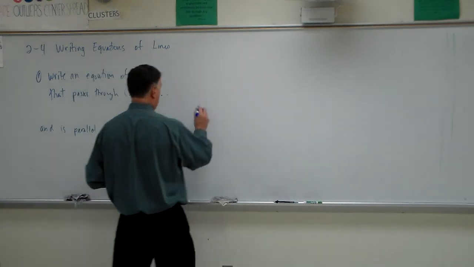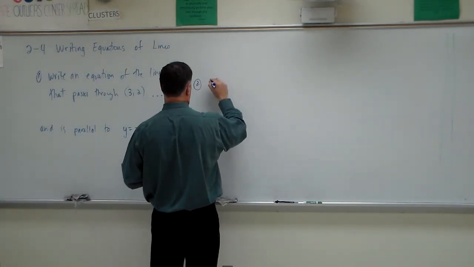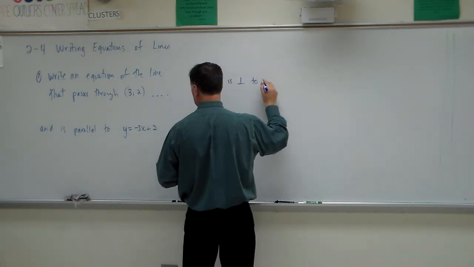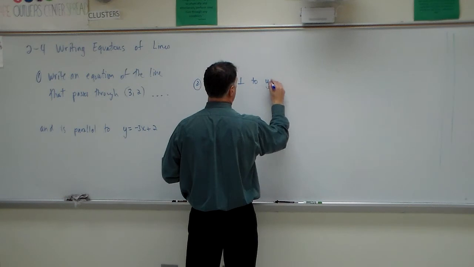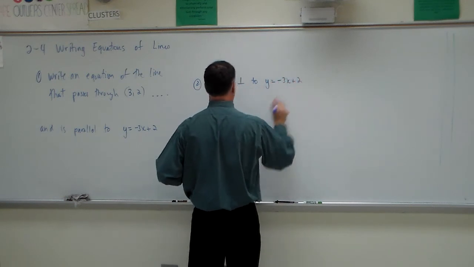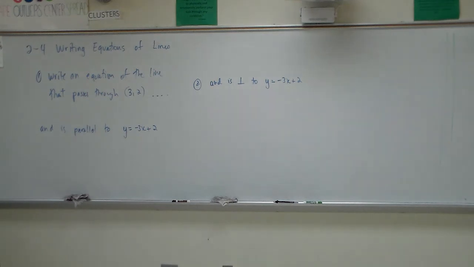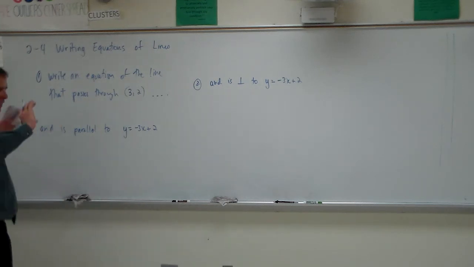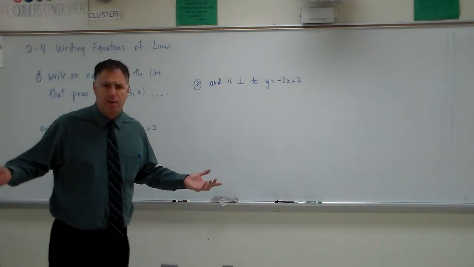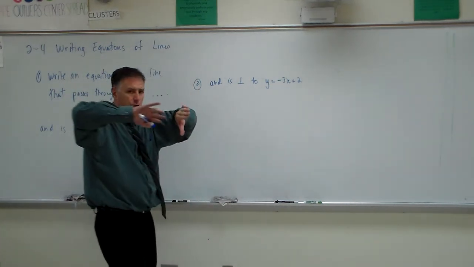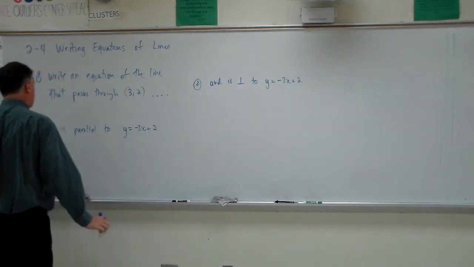That's number one. And number two, and is perpendicular to y equals negative 3x plus 2. So we get two separate things going here, okay? We have to think of them separately. I'm not going to try to do them at once, which is why I separated it into two problems.